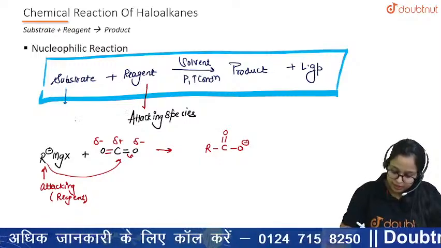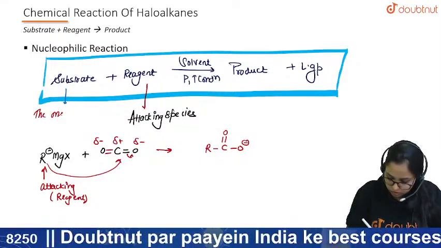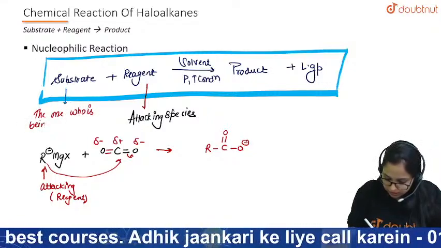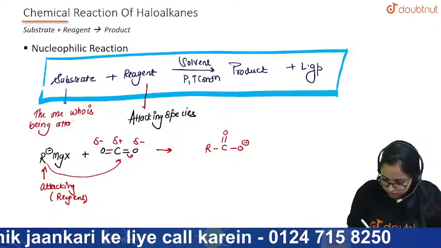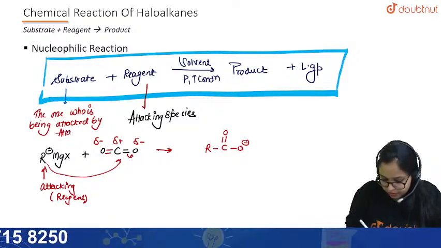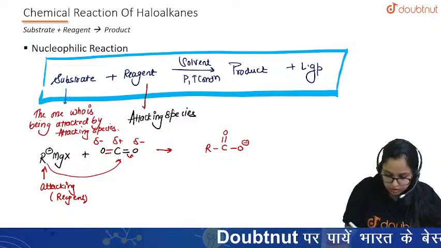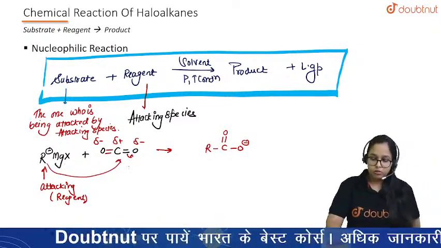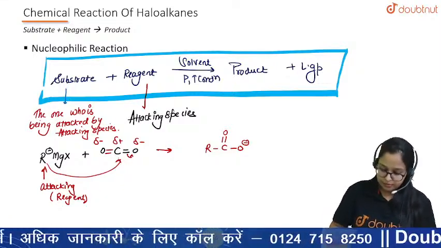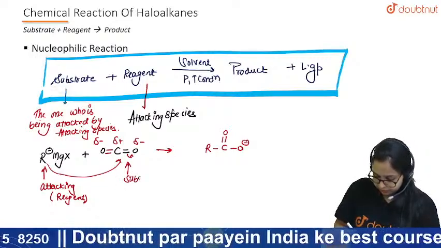The substrate is the one which is being attacked by the attacking species, or your reagent, right? So CO2 is being attacked by a reagent, which is R minus, and CO2 acts as a substrate here.